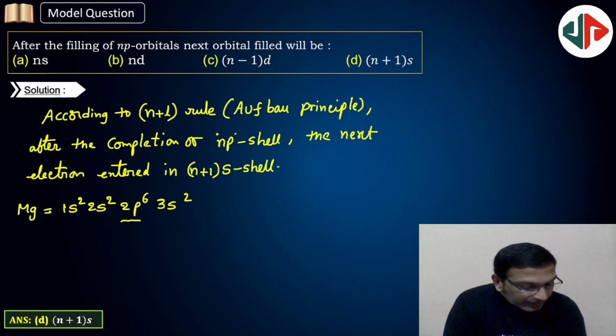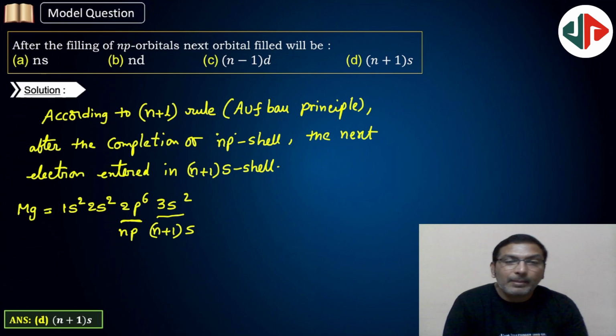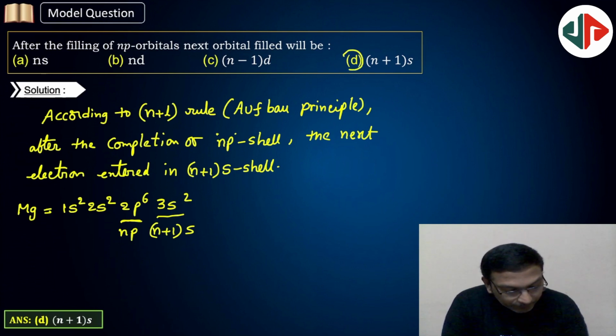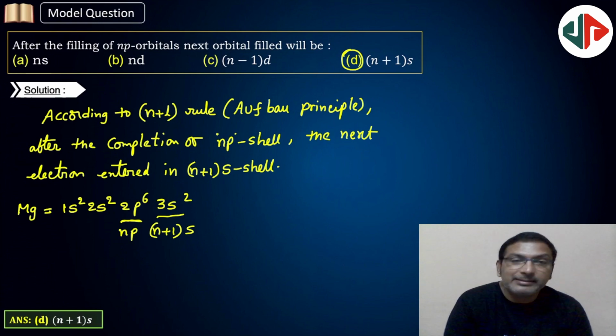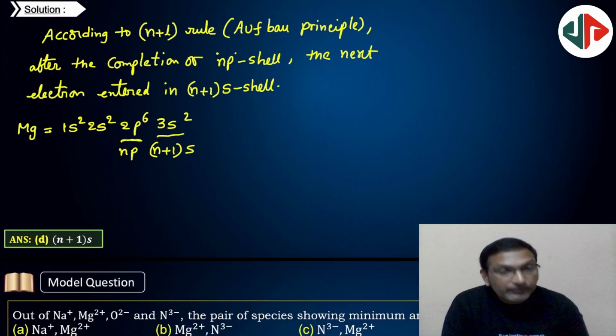See here, after completion of np, this becomes n plus 1 s. After completion of 2p, the electron will enter the 3s orbital. Therefore, the option will be D, n plus 1 s. Next question.